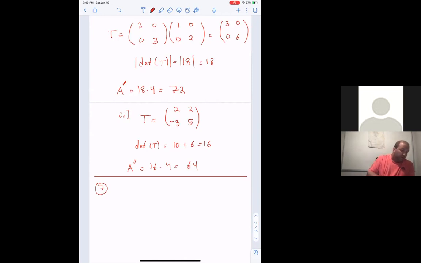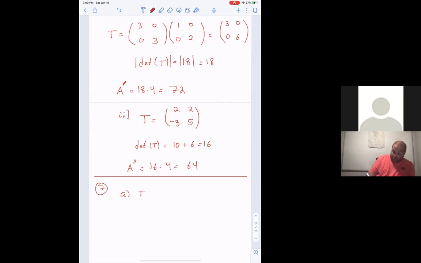Prove that, look at what I just said. Prove that neither transformation will change the area of the object by considering the determinant for a reflection and for a rotation. So A, reflection first.